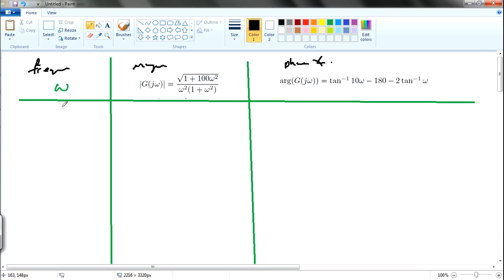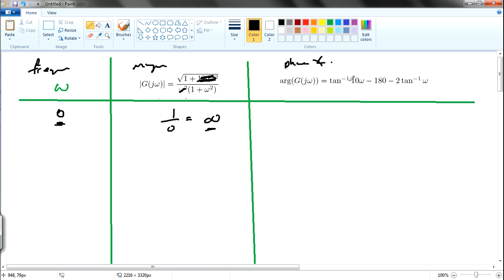So this is typically what you plot when omega is 0 first. When omega is 0, this whole thing becomes 0, so 1 divided by 0 equals infinity. So when omega is 0, the magnitude is infinity.